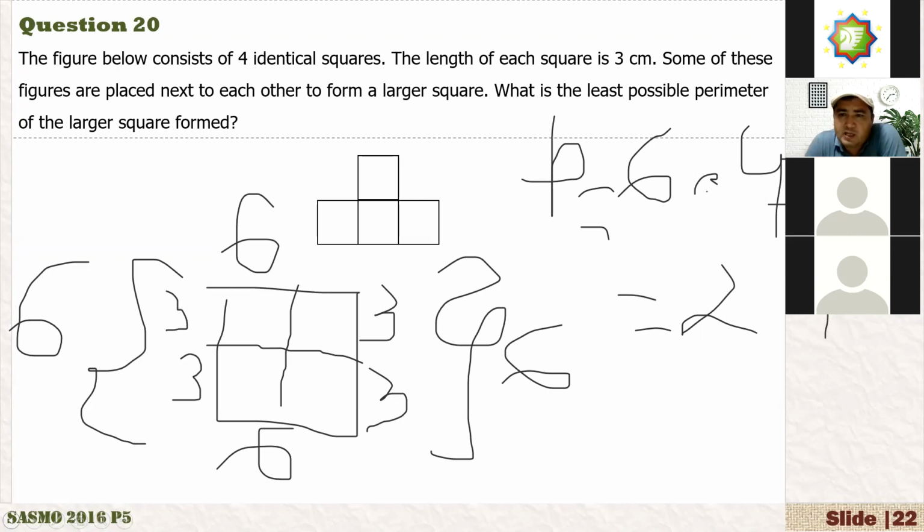I'm thinking some of these figures are placed next to each other to form a larger square. What is the least possible perimeter of the larger square formed?